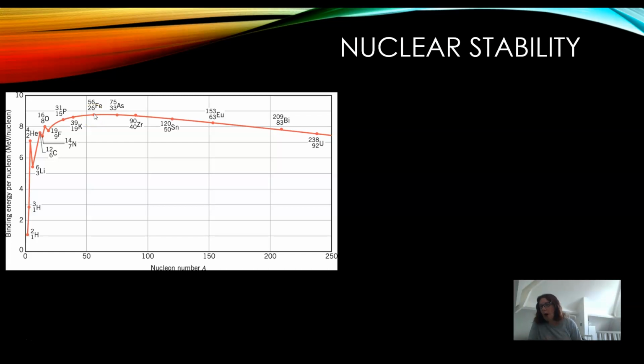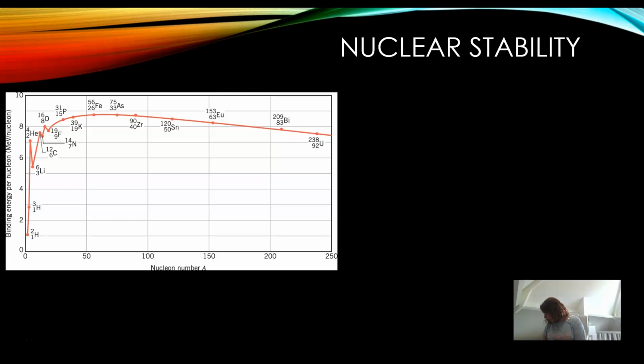So iron would require the most energy to separate it into its constituent nucleons. And that is why it is made in the heart of a star. Once you get past iron, if you then try to fuse to make other elements, you end up with an energy deficit and then the star dies. So iron is the most stable.